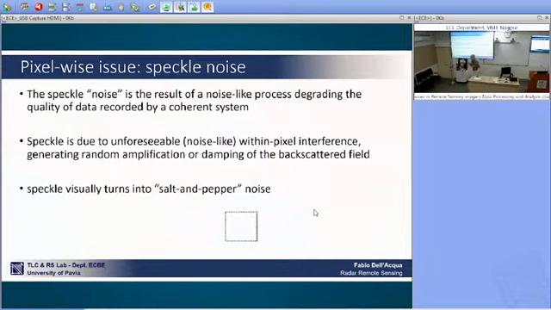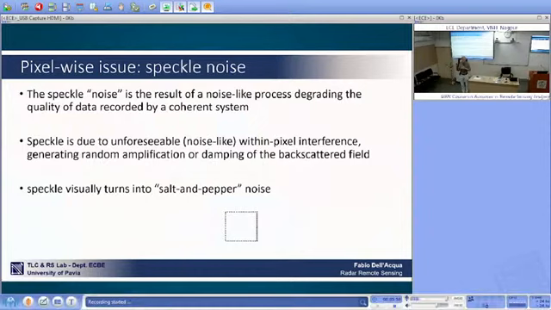This is very different with respect to natural illumination, because natural illumination, sunlight, as I said before, is chaotic. It pours on the observed area a number of diverse waves, each one with a different phase, which all in all average to a stable response.